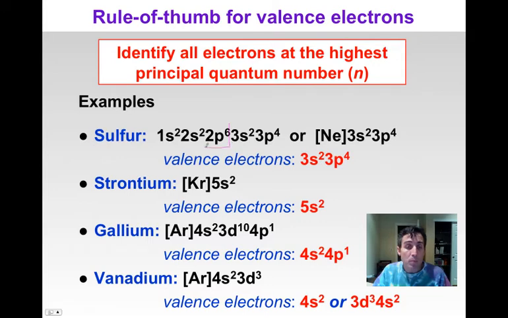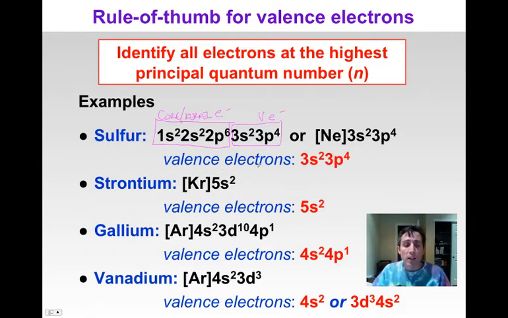But for sulfur, these would be the core or kernel electrons, and these right here, of course, would be the valence electrons. That's more of a terminology thing, just so that you're aware of.